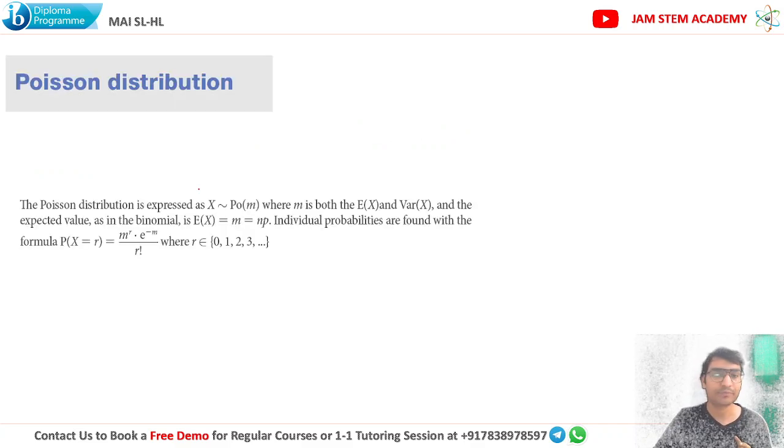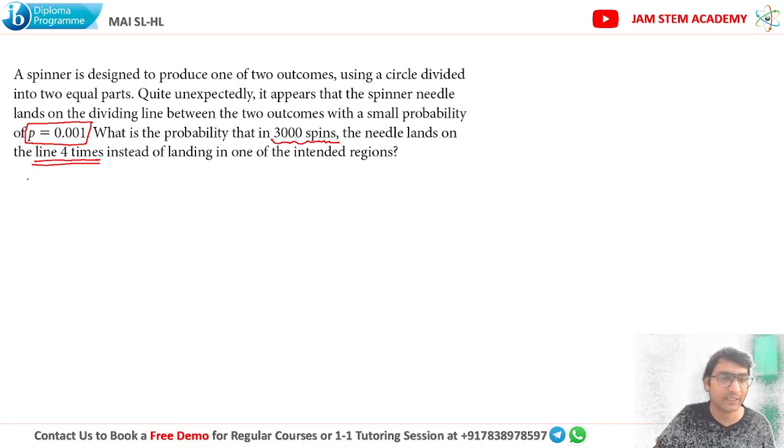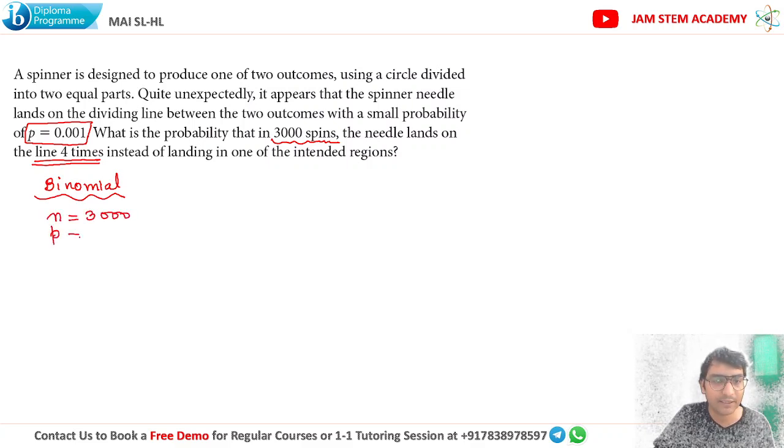I'll show you how. Let's start with binomial first. For binomial, we need n, the number of trials, which is 3000 in this case. The probability of success is 0.001, already given to us. Now we need the number of successes, which is 4.